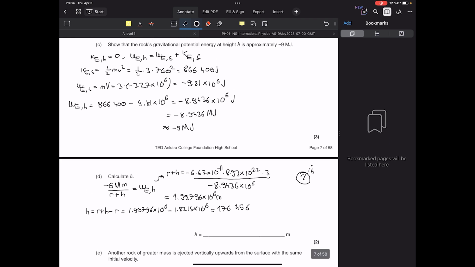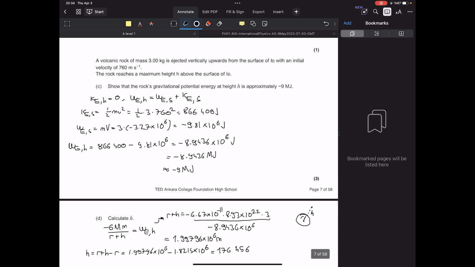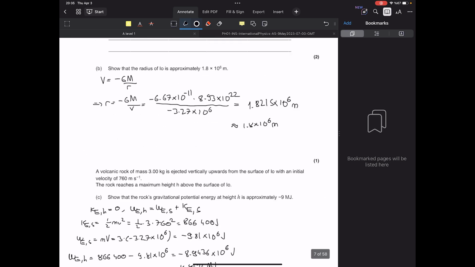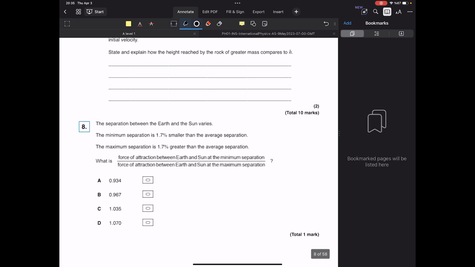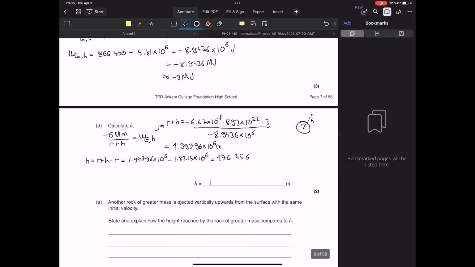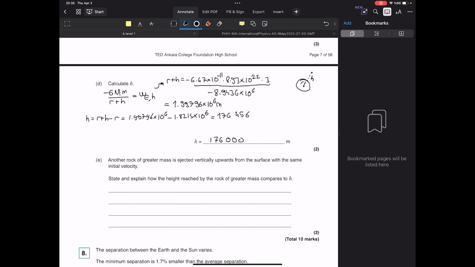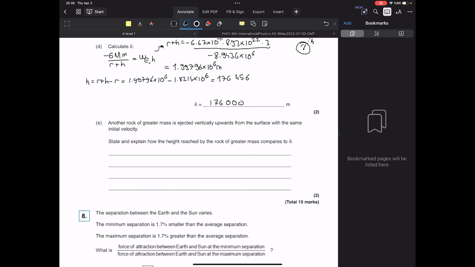So our answer, at 3 significant figures, is 176,000 meters.